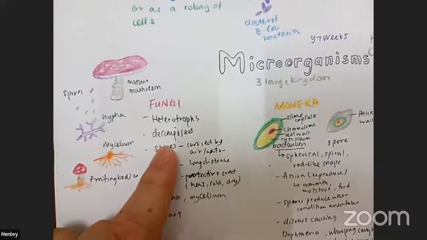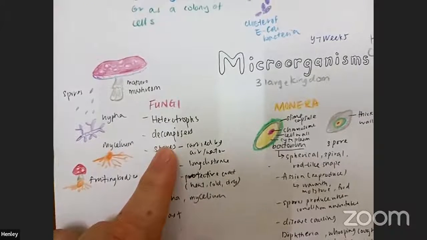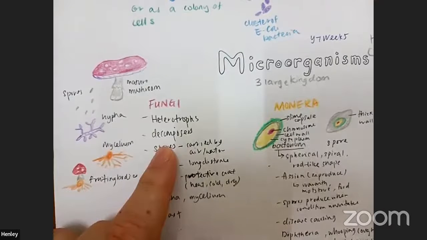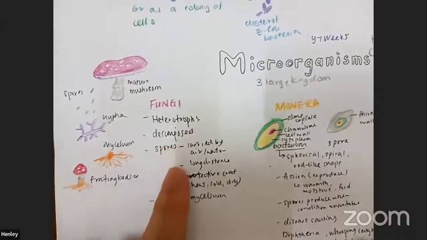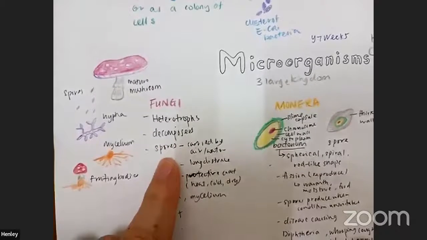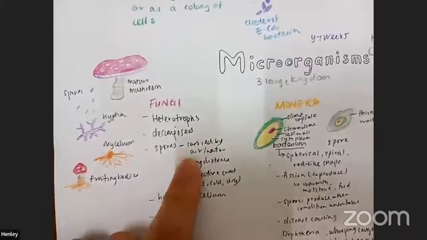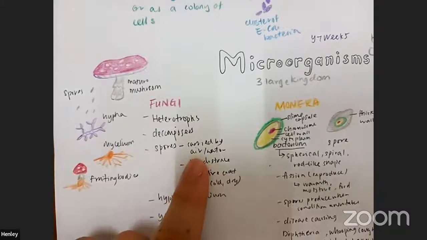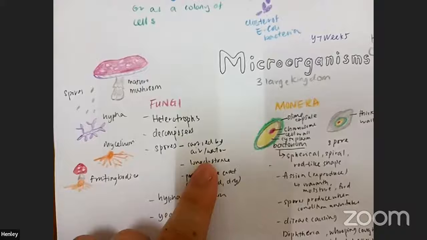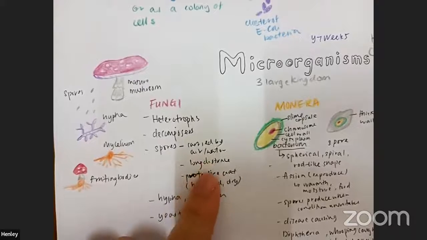So they are, I think, the main type of decomposer in the world. Later I will show you what a decomposer is. And they produce spores carried by air or water. That means the spores can move from one place to another over a long distance.